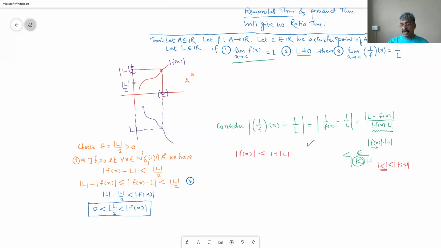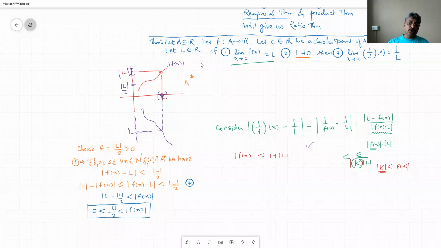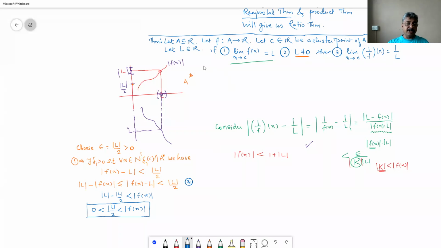It is a safe number to have, and therefore I will be replacing it by mod L by 2, making it mod L square by 2 as a constant in the denominator, and accordingly I will write the proof of the ratio theorem. So let me complete the proof of the ratio theorem also, and then we will discuss if required.